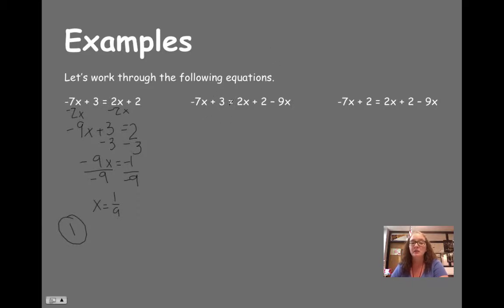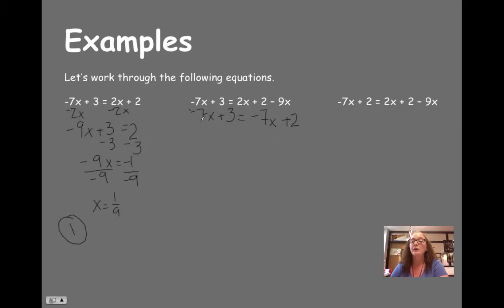For this equation, I have -7x plus 3 equals 2x plus 2 minus 9x. Well, on this side of the equation, I'm going to go ahead and combine like terms before I start doing any other work. So -7x plus 3, I have a positive 2x and -9x. When I combine those, it gives me -7x plus 2.